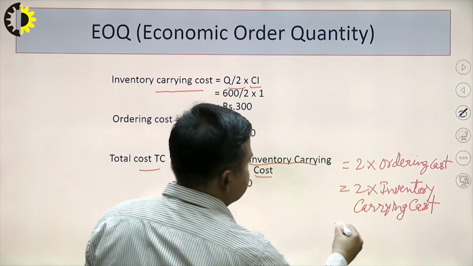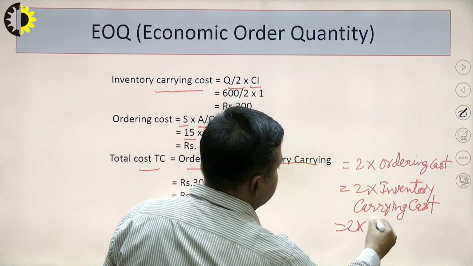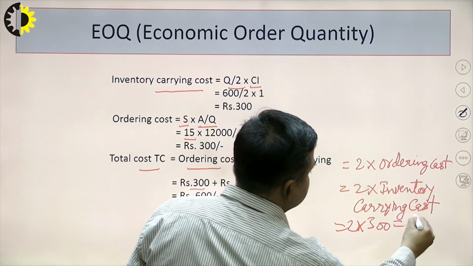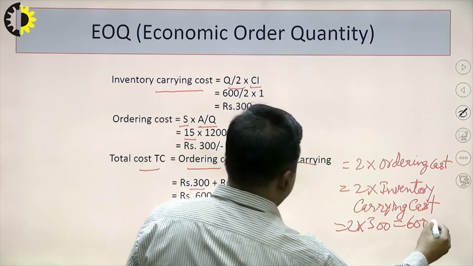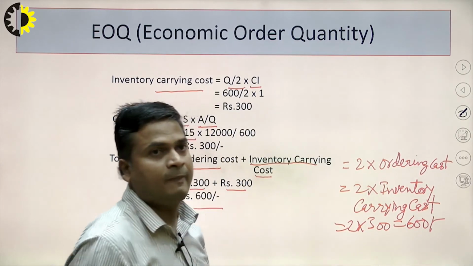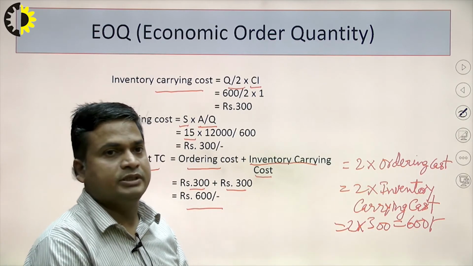So, this is 2 into 300, which is equal to 600 rupees. So, total cost is 600 rupees.